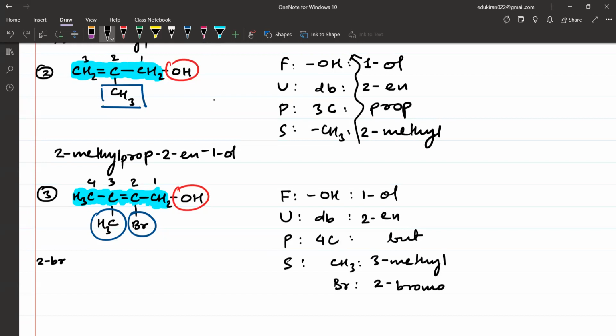Now when we are writing bromo and methyl, you will write B first. So 2 bromo, 3 methyl, 2 en. Now it's done, you say it all. 3 methyl but 2 en 1 ol.